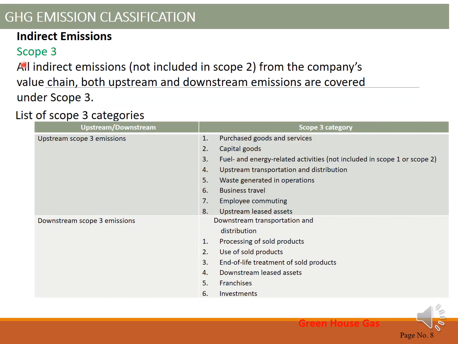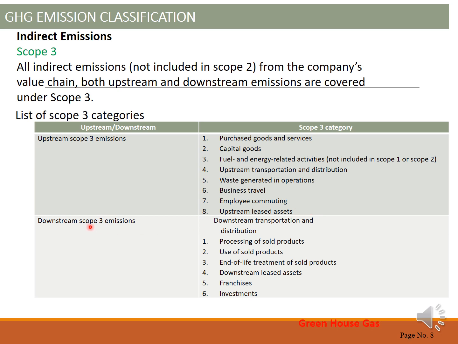Indirect emissions, Scope 3: all indirect emissions not included in Scope 2 from the company's value chain, both upstream and downstream, are covered under Scope 3. List of Scope 3 categories: upstream and downstream. Upstream Scope 3 emissions: purchased goods and services, capital goods, fuel and energy related activities not included in Scope 1 and Scope 2, upstream transportation and distribution, waste generation in operations, business travel, employee commuting, upstream leased assets.